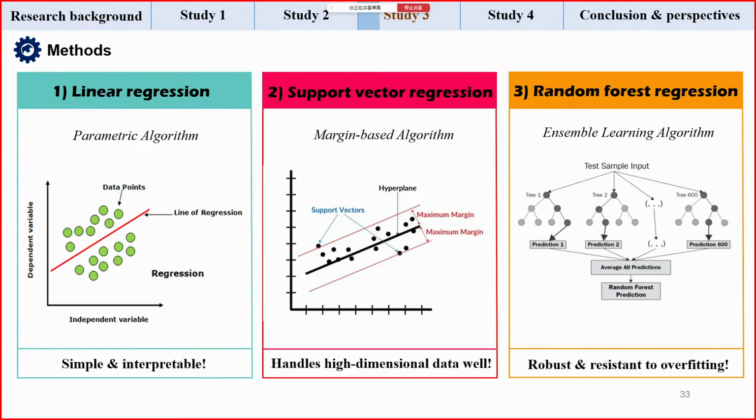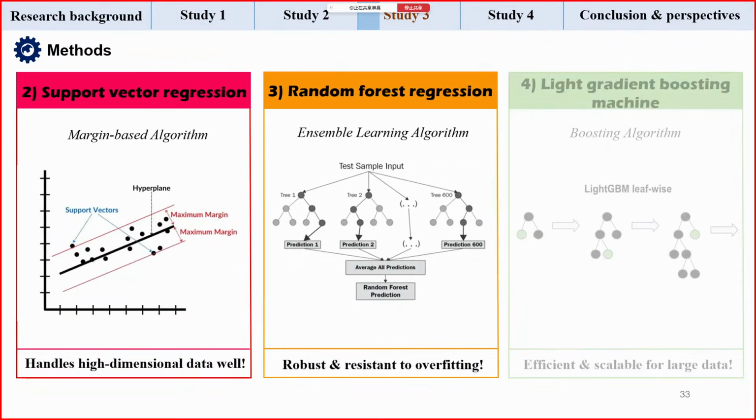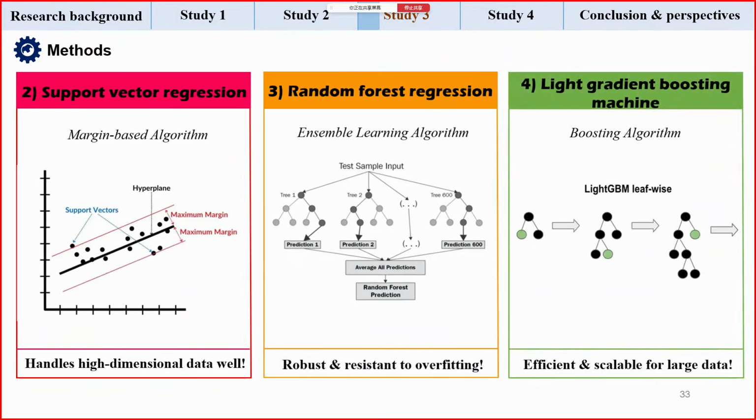Random forest regression builds multiple decision trees and combines their predictions to improve stability and accuracy, reducing the risk of overfitting. LightGBM speeds up training and improves accuracy by using an efficient algorithm and selecting the best leaf nodes to minimize errors.